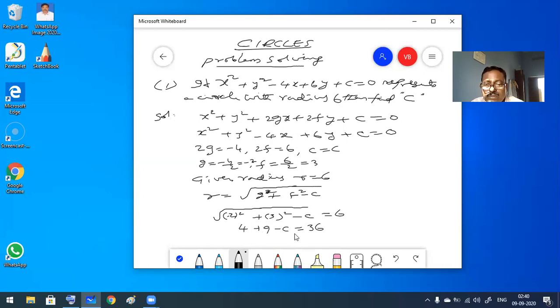Therefore c is equal to 13 minus 36, therefore c is equal to minus 23. We will do the next problem.